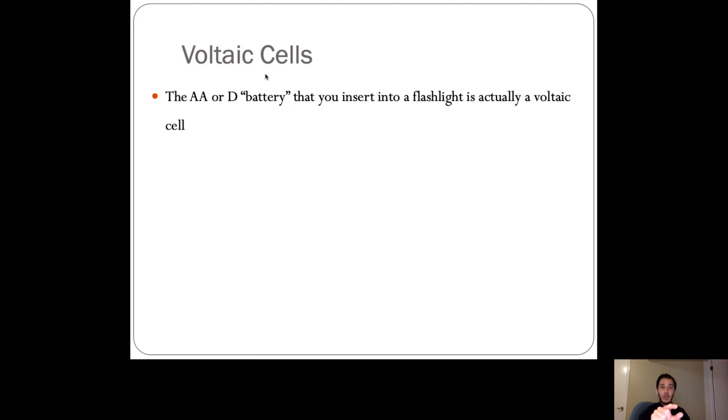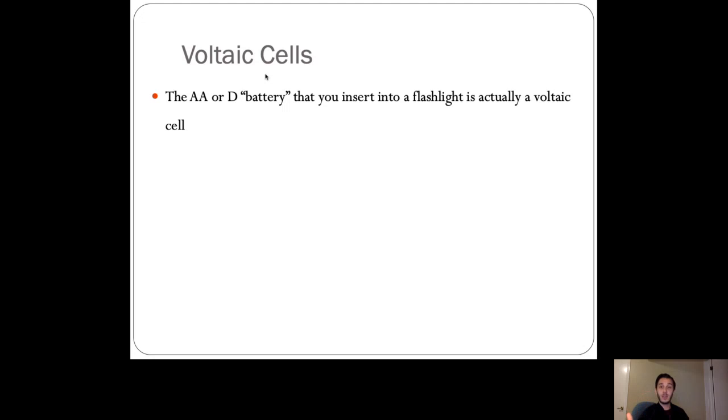So, voltaic cells. The AA or D batteries that you might put in a flashlight, or your remote control, whatever it is that you're powering with a battery, not your phone. That's not the type of battery that we're talking about. Not your PlayStation controller. We're talking about the round batteries that you can buy and put in a flashlight.